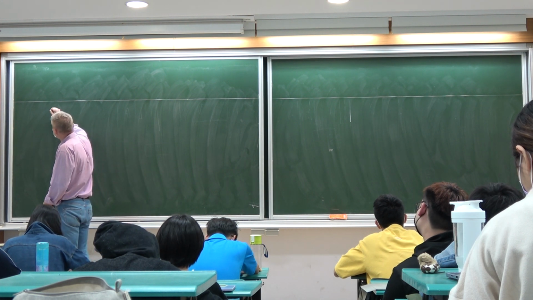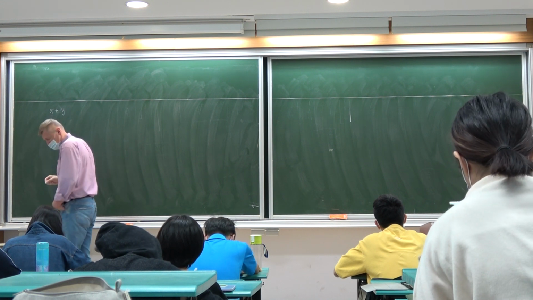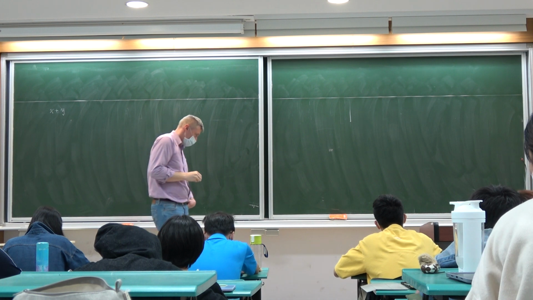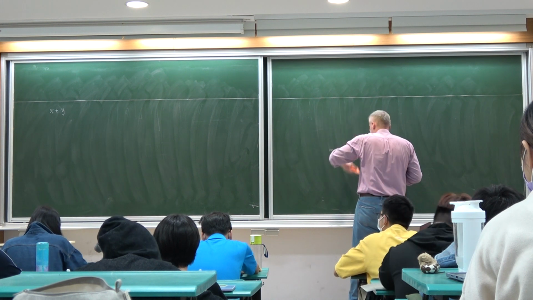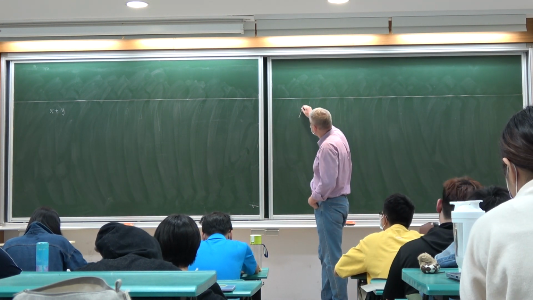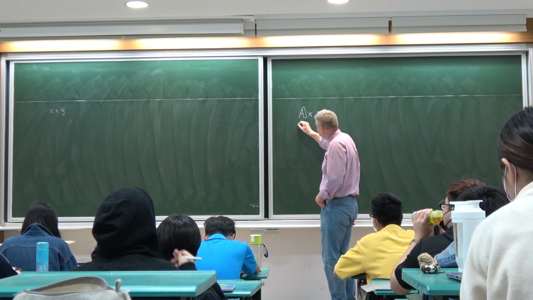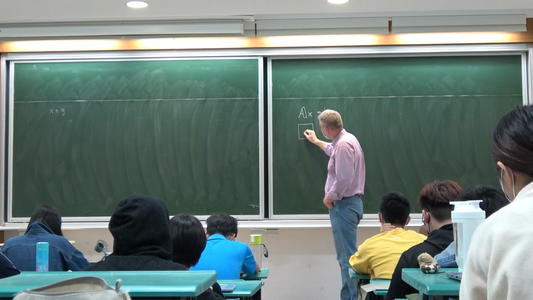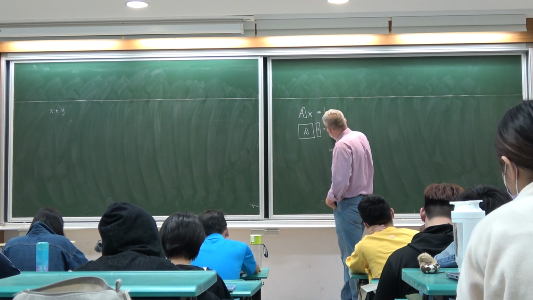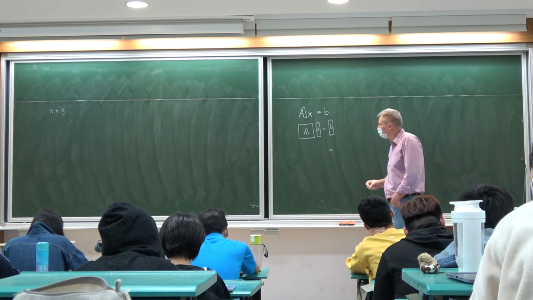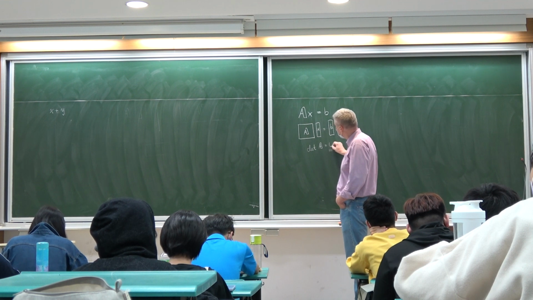First I want to go to a general theory. You have a problem Ax equals b, that looks like that. A is a square matrix, x is a vector, b is a vector, and you found that your determinant of A is equal to 0.